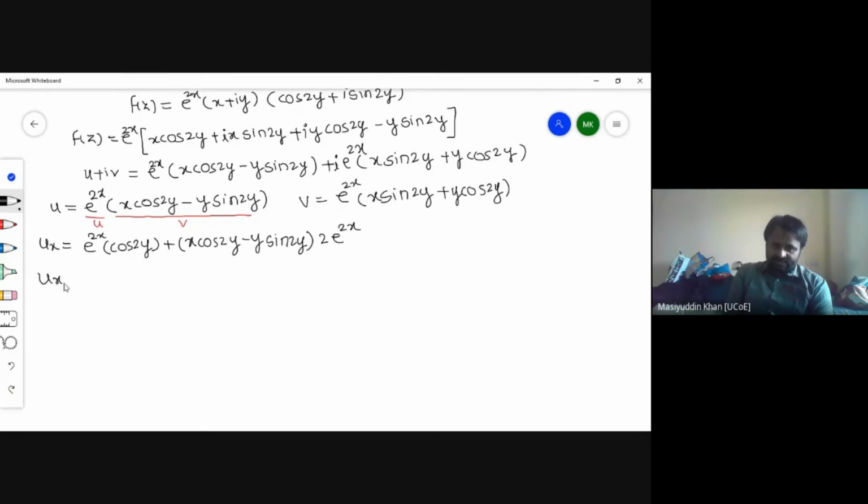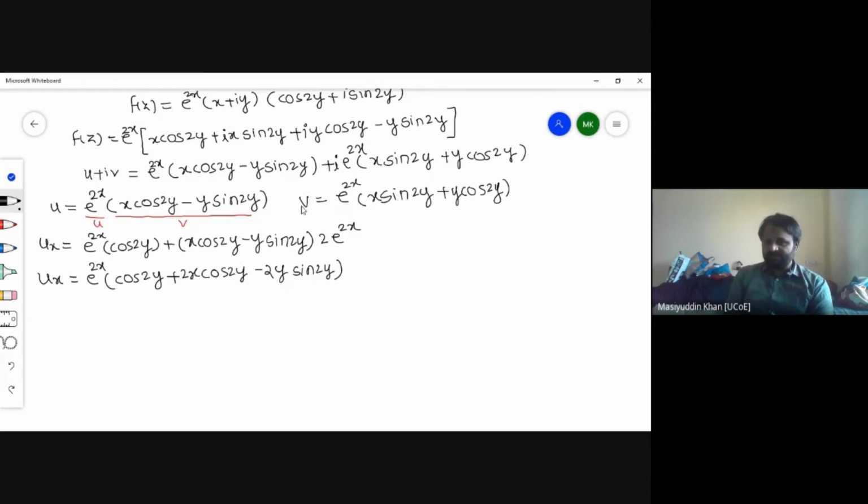So ux is equal to e raised to 2x taking as a common factor, so the remaining part becomes cos of 2y plus 2x cos of 2y minus 2y into sine of 2y. So we just got ux.